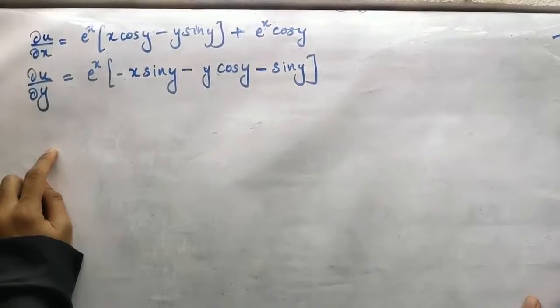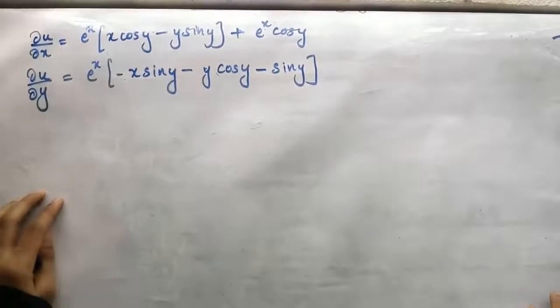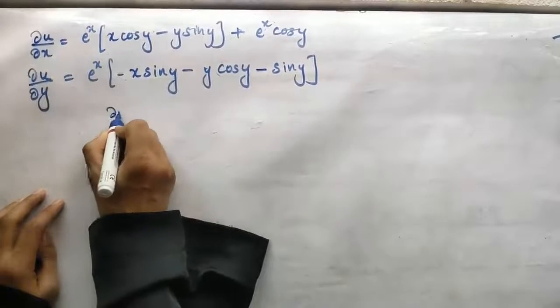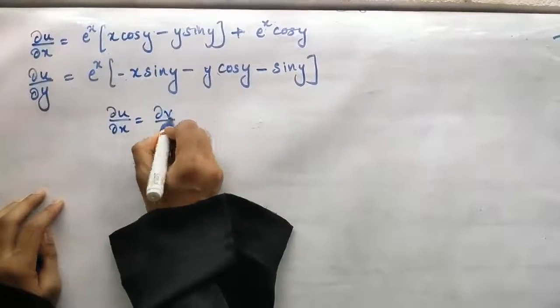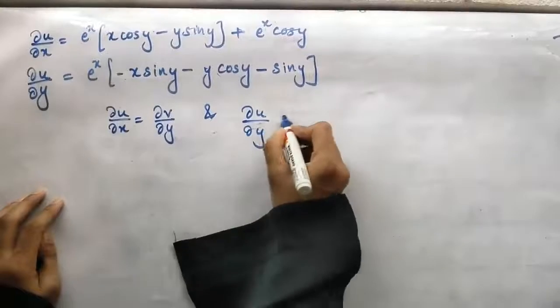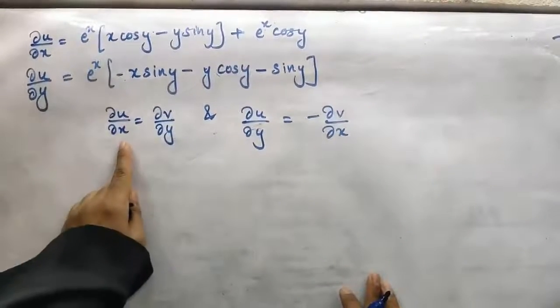Okay, the analytical function that we need should satisfy the CR equations. Once again you have to consider the CR equations here. To find our V, we will consider the CR equations. Now you already know dou U by dou X is equal to dou V by dou Y, and dou U by dou Y is equal to minus dou V by dou X. If it is so, we already have dou U by dou X with us.